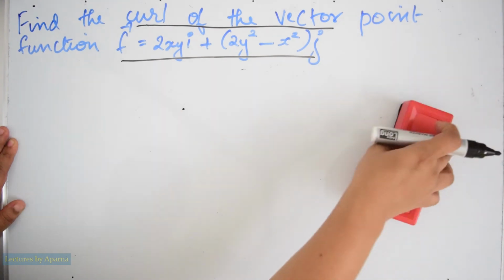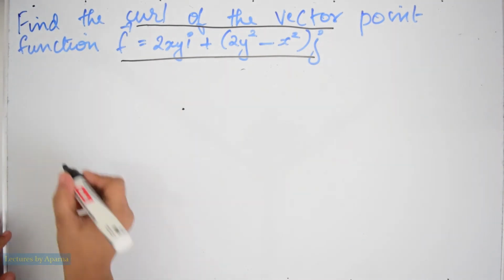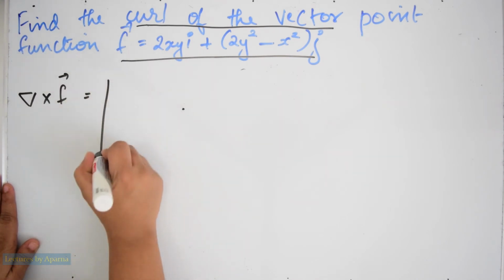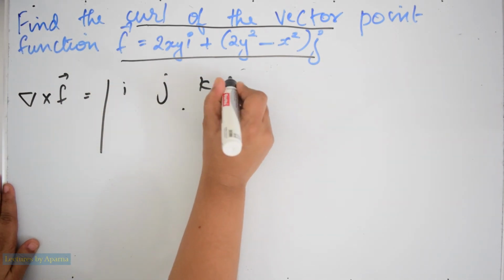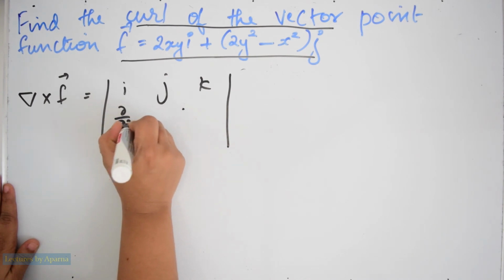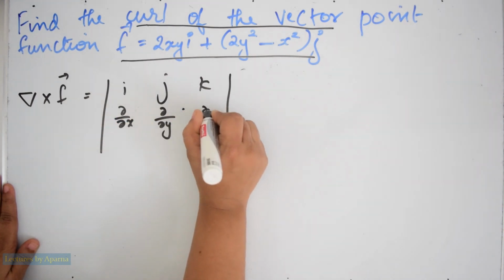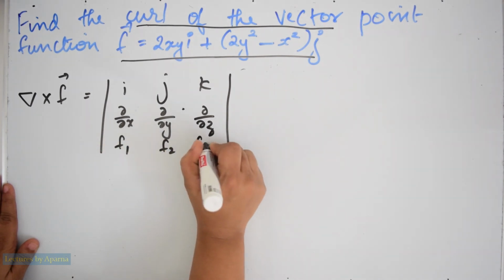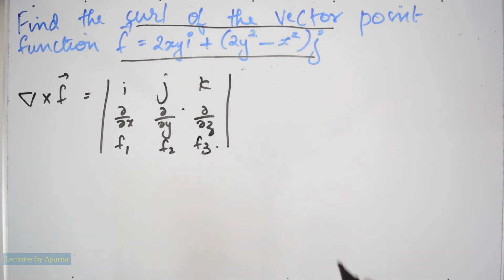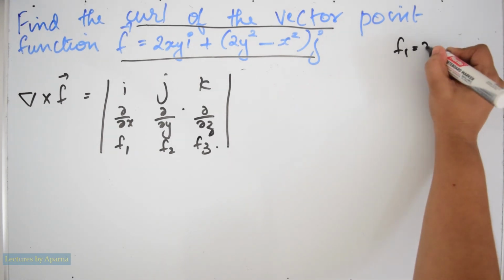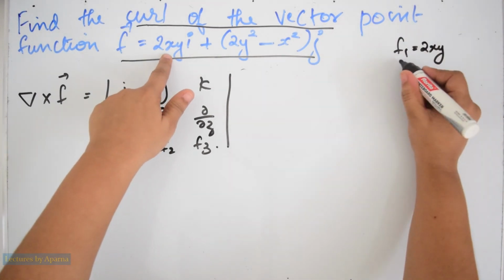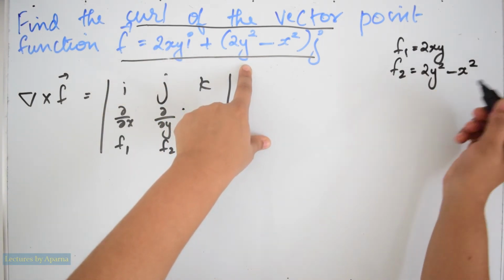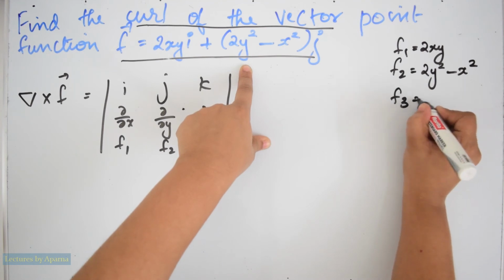Del cross f is mathematically given as the determinant with i, j, k, dou by dou x, dou by dou y, dou by dou z, and f1, f2 and f3. In this case f1 is 2xy, f2 is 2y square minus x square and f3 is 0.